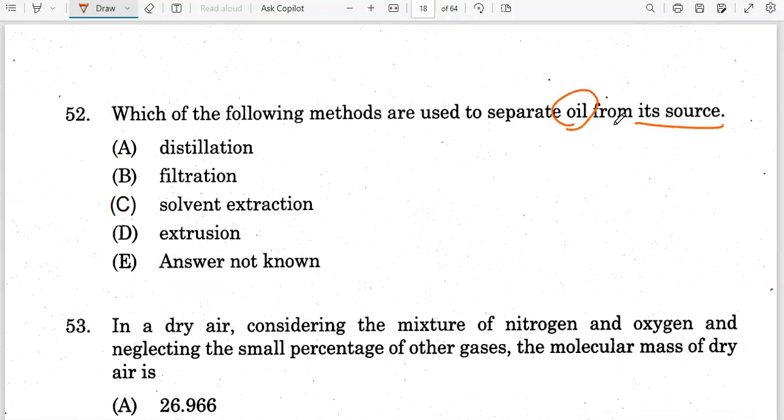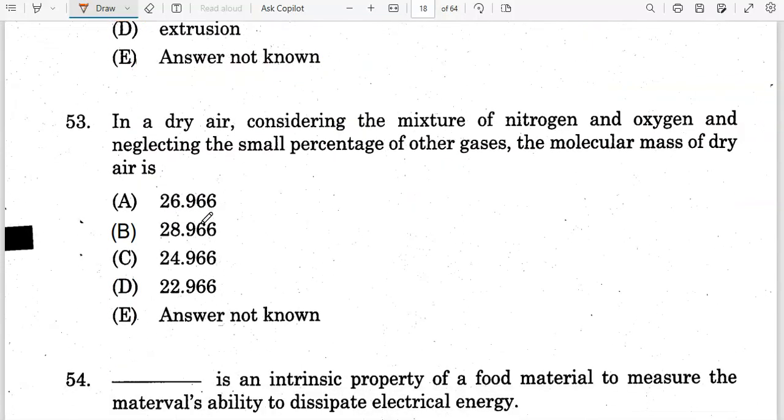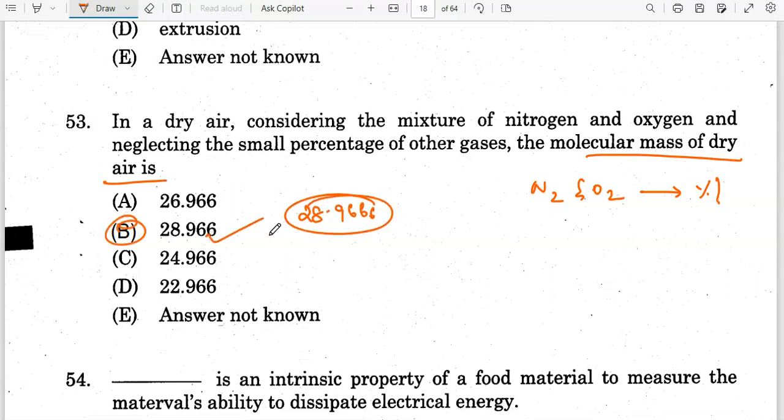To separate oil from its source we use the solvent extraction method. Option C is the correct answer. Next question, in dry air considering the mixture of nitrogen and oxygen and neglecting the small percentage of other gases, the molecular mass of dry air is 28.966. Option B is the correct answer.